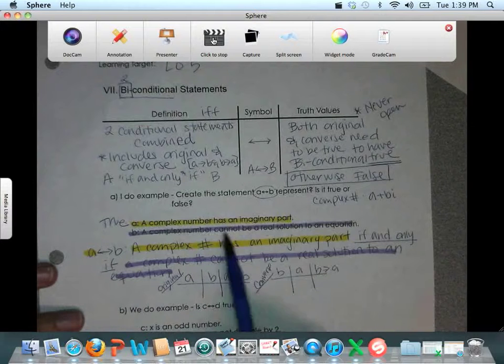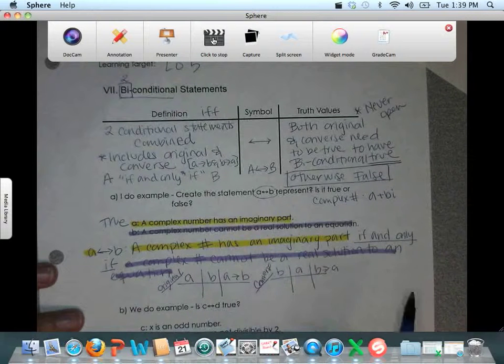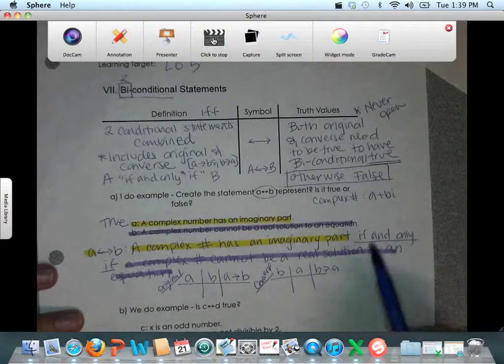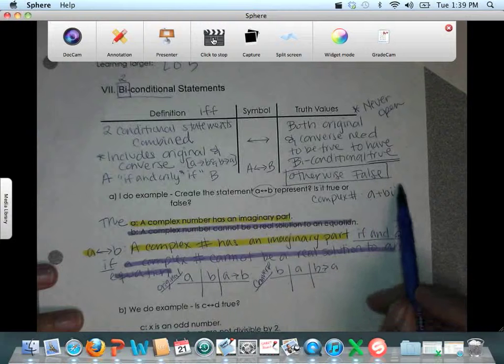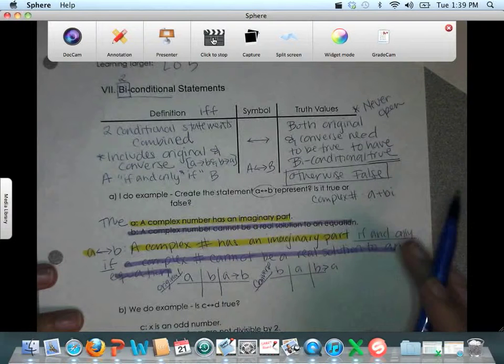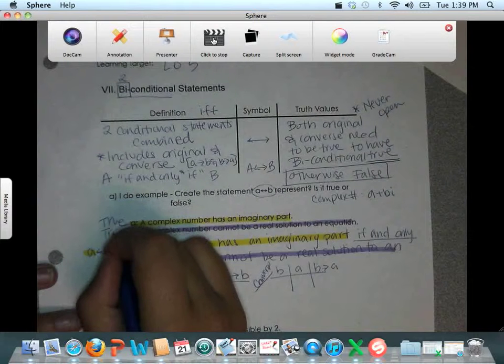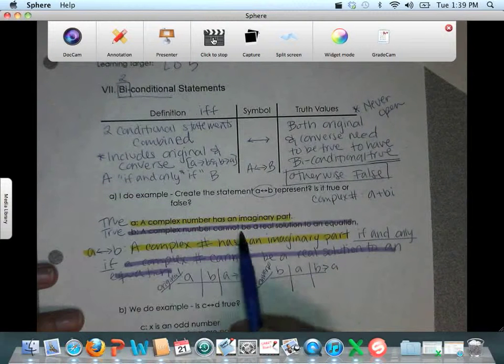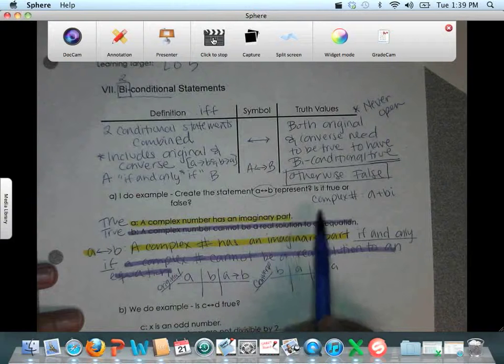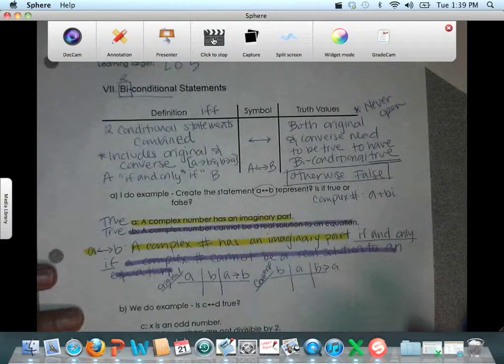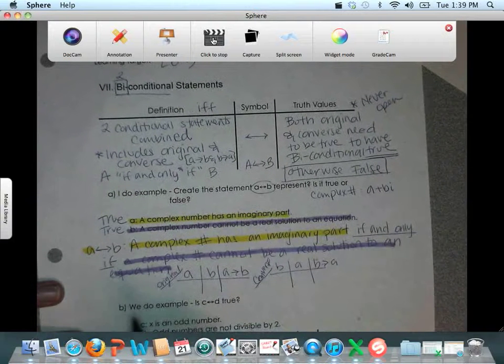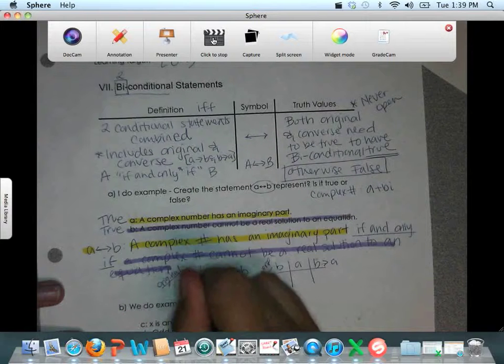Okay? A complex number cannot be a real solution to an equation. Well, to be a real solution, you need to be a real number. It has a real number part, but because it has this imaginary part, it's not real. So this is also true, because it says cannot be a real solution. That's correct. So both statements are true. So I'm going to write true, true.